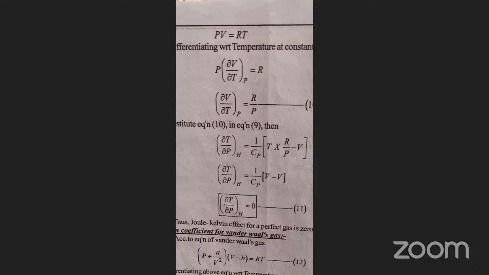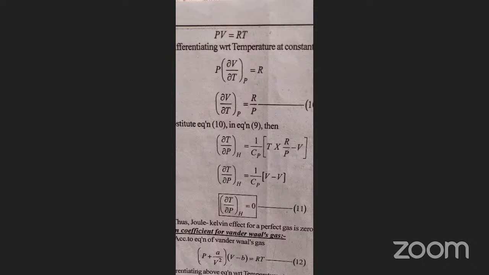Substitute equation 10 in 9. Then ∂T/∂P at constant H is equal to 1/Cp into [T into R by P minus V]. Since PV is equal to RT, V is equal to RT by P, so instead of RT by P we take V. Then V minus V means 0, and 0 into anything is 0.